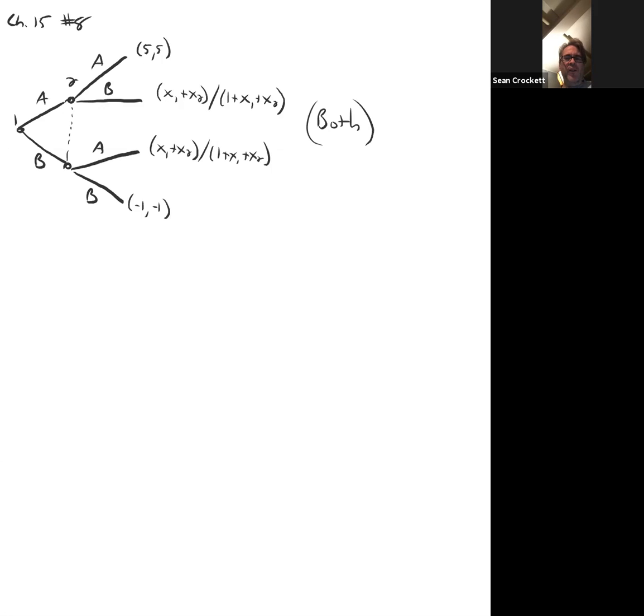Now let's see. The bottom is always going to be one bigger than the top, so the top and the bottom are always going to be between, if they're both 0, it's 0, and as those numbers get large, it goes to 1.